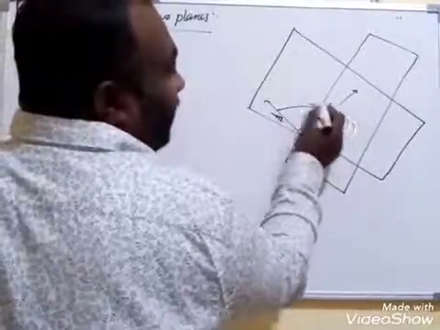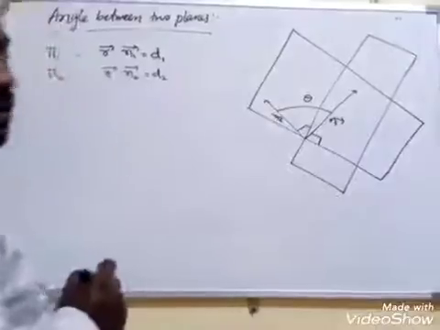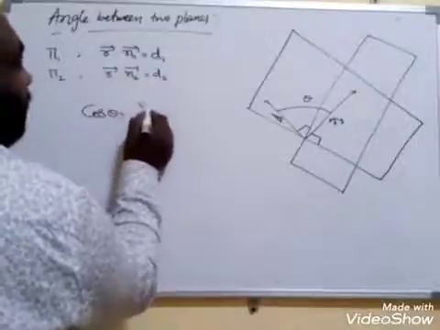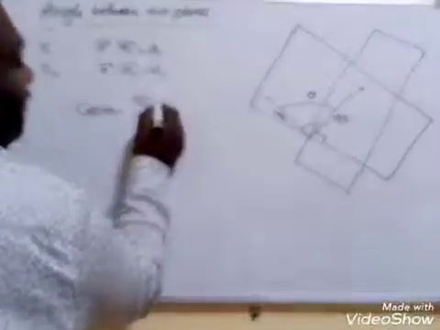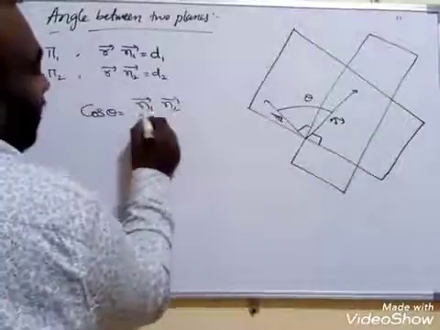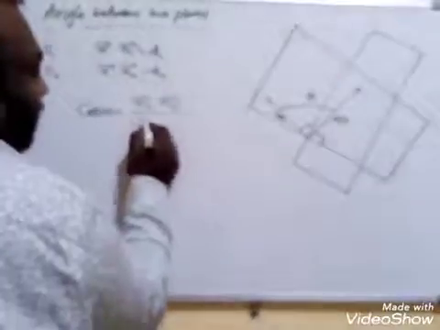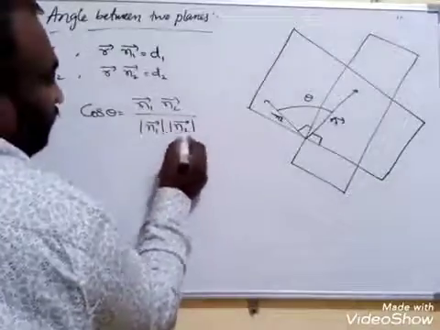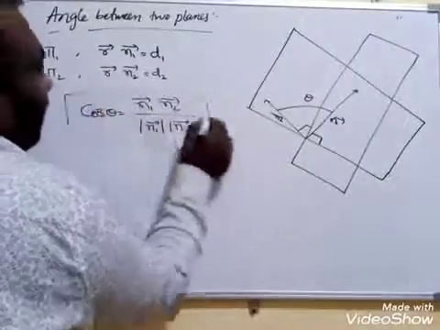If theta be the angle between them, then we define the angle between planes as cos theta is equal to n1 bar dot n2 bar by modulus of n1 bar into modulus of n2 bar. This is the angle between the planes.